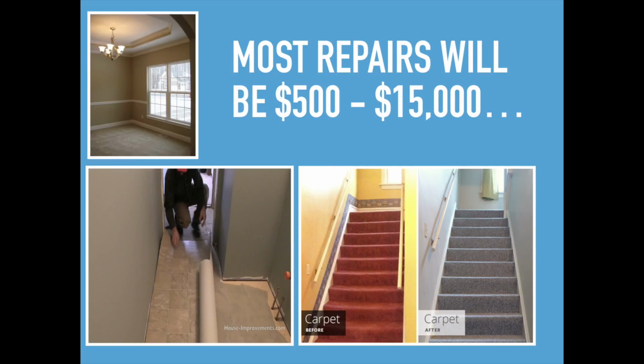These are some good examples. On the left, I'm just putting in new laminate flooring and new linoleum in what looks like a little bathroom, no problem. On the right, the house is completely dated. Carpet and paint is what you're going to see on 90% of the REO assets.